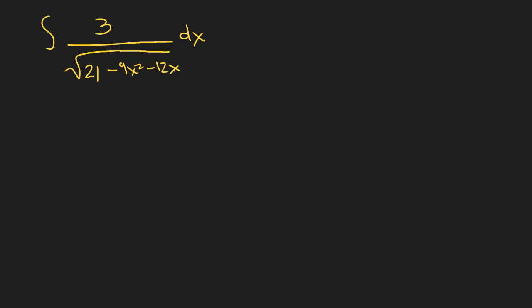So you could probably take out a minus sign where you have 9x squared minus 12x.